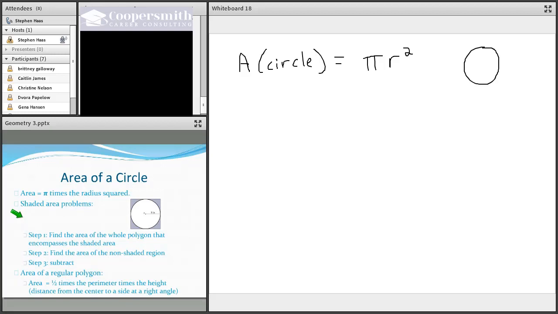So if I have a circle, and assume that this point in the middle is the center of the circle. Now, what if I told you that this entire line is 10? Based on that, can anybody tell me what the area of this circle is?